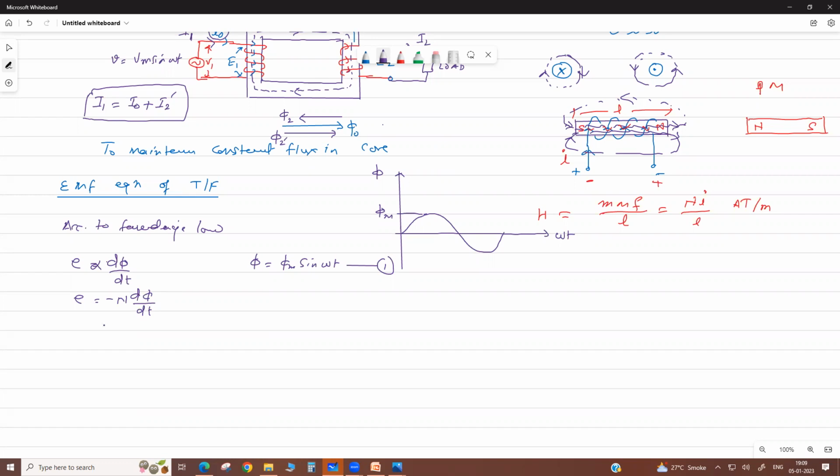Now, if we put the value here, minus N d by dt of phi m sin omega t.